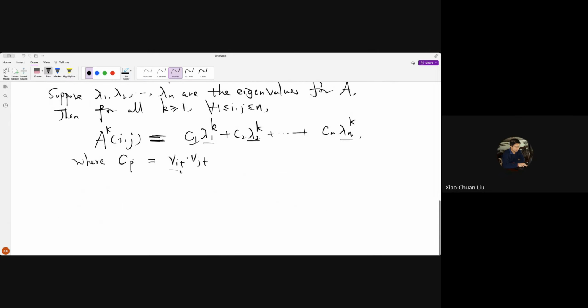It will be clear what this means: it means the i-th vector's t-th coordinate.